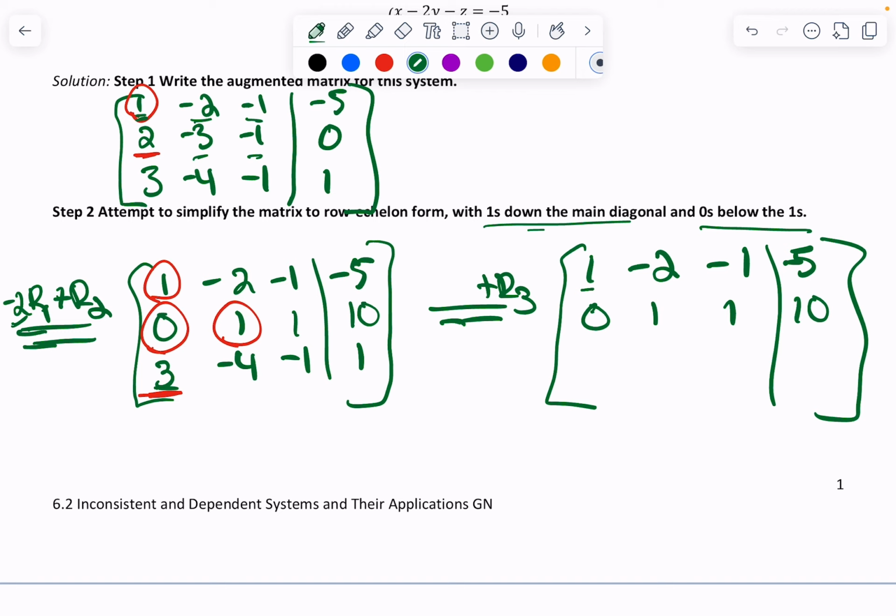So we're going to multiply row 1 by -3, because -3 times 1 is a negative 3 plus 3 is going to be a 0. Next, it's negative 3 times negative 2, which is a 6, plus negative 4 is going to be 2. Negative 3 times negative 1 is a 3, minus 1 is going to be 2. Negative 3 times negative 5 is 15, plus 1 is 16. So that's our row 3 now.